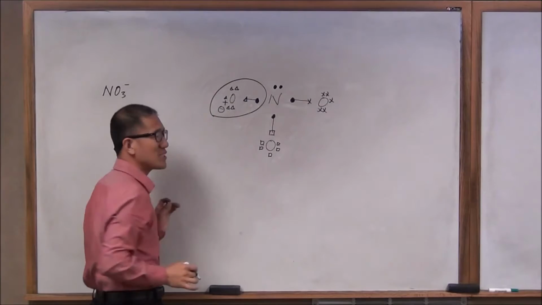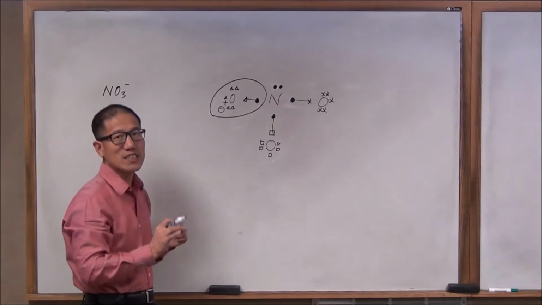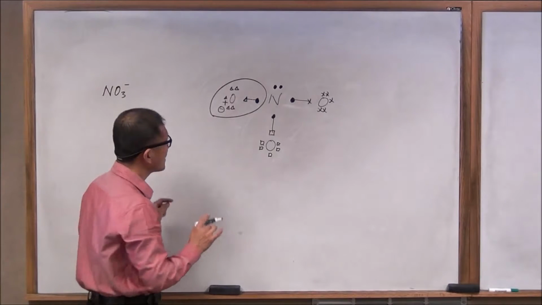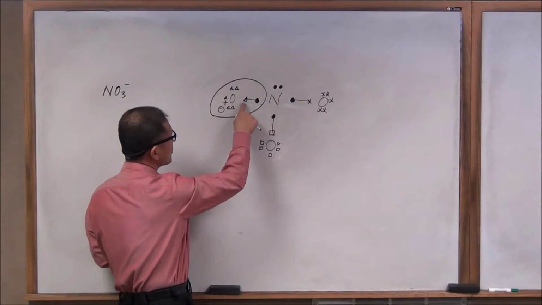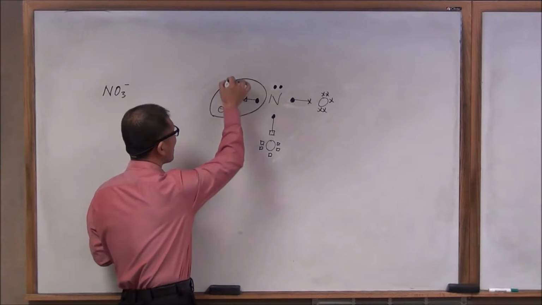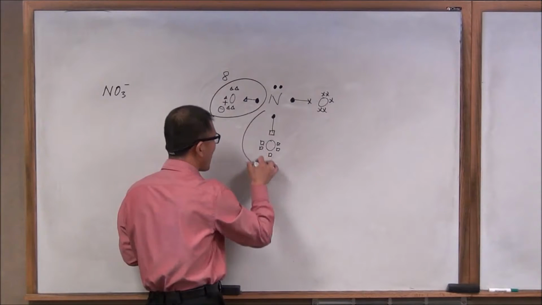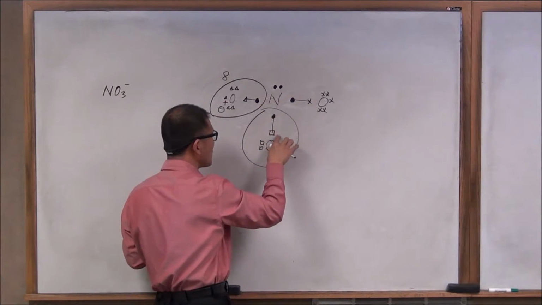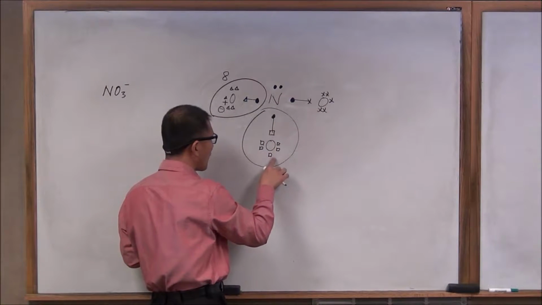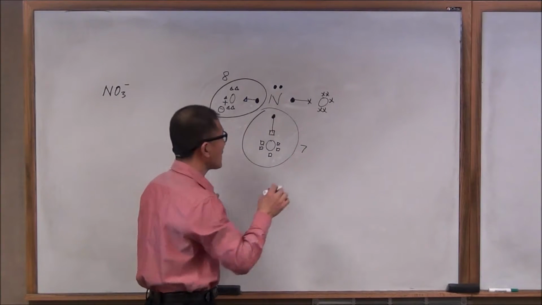And then you start to count how many electrons are around each atom. In this case, 1, 2, 3, 4, 5, 6, 7, and 8. You have 8 electrons around this oxygen atom. And then you have 1, 2, 3, 4, 5, 6, and 7 electrons around this oxygen atom.